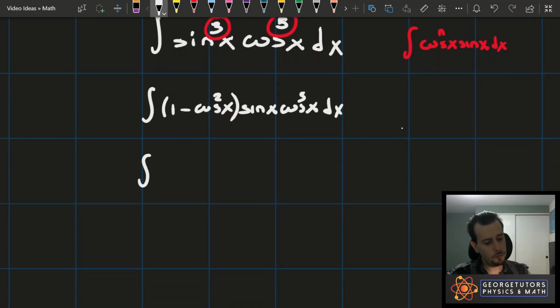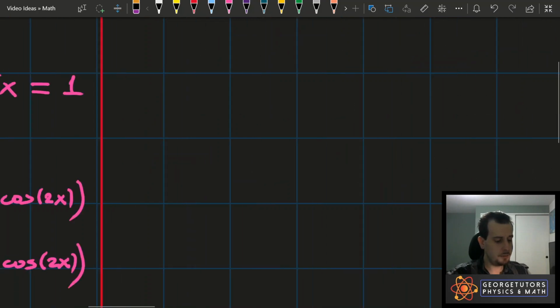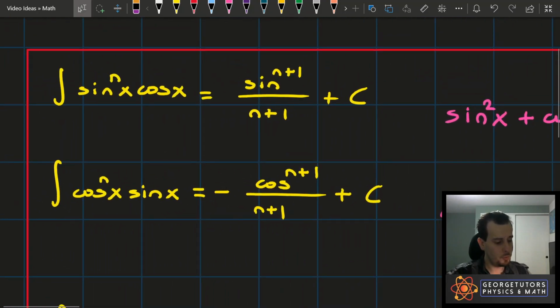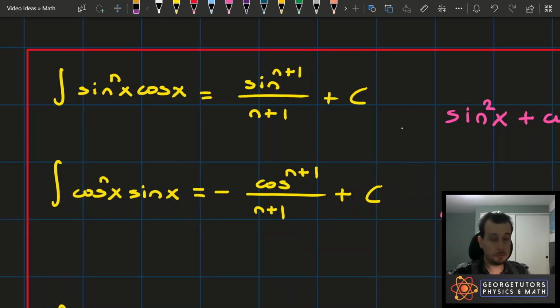Now I can distribute over here my result, and I should get cosine to the 5th x, sine x, and that's one integral, and then break the other integral as cosine to the 7th x, and then sine x dx. Now, quite obviously, this is again falling under the category right there. And we can integrate because we know the pattern. We've discussed it already. Don't forget to flip the results signs.